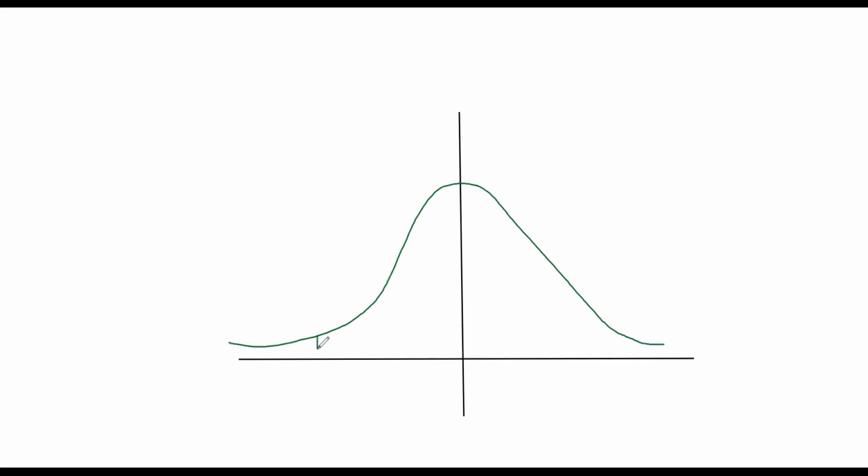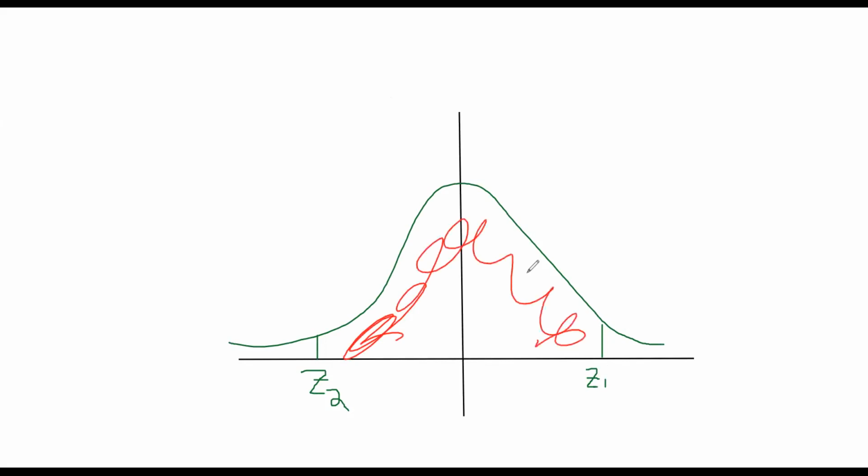We need the z-scores. This will be z2. This will be z1. We want the middle 95% of the data in there.